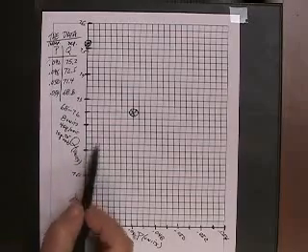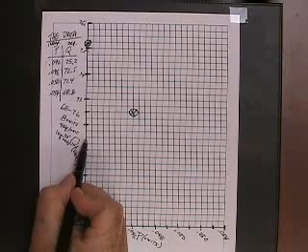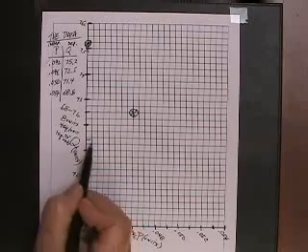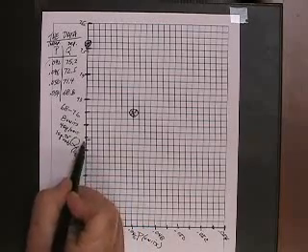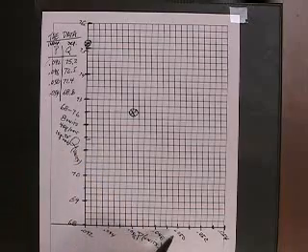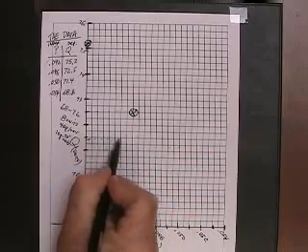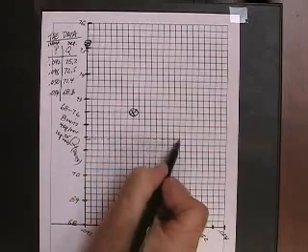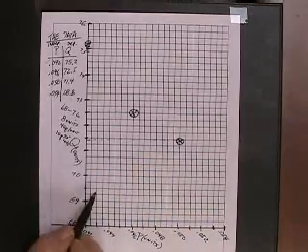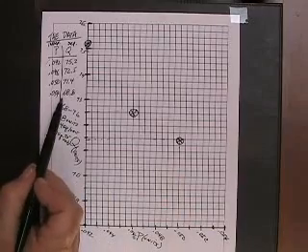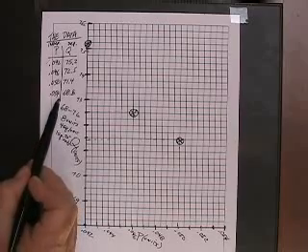71.4 on the vertical axis. Here's 70. 71.4 will be somewhere slightly below 71.5, which would be right there. And 0.05. So I'm going over on this line. So that point looks like it would be right about there. Remember, this is the typical kind of thing that you would get in a laboratory course where you were making the measurements yourself.